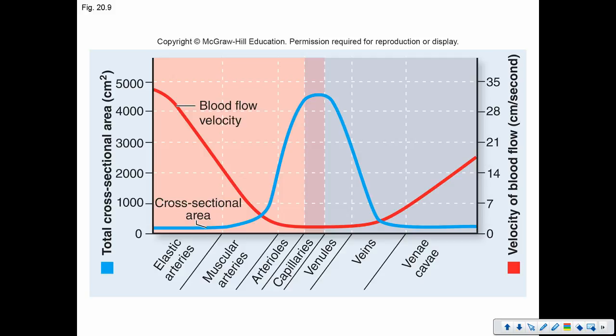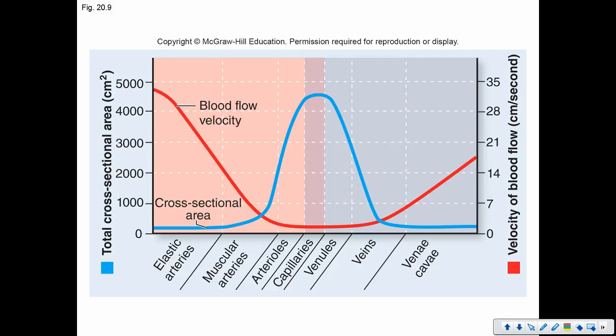It's not exactly what we're saying. But when we take a blood vessel and we look at the diameter of the blood vessel, blood flow is going to be affected by the diameter.